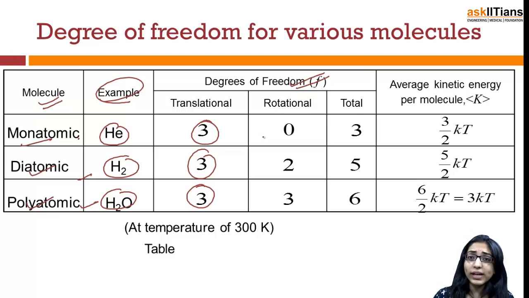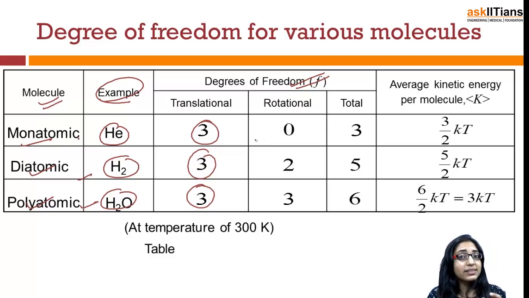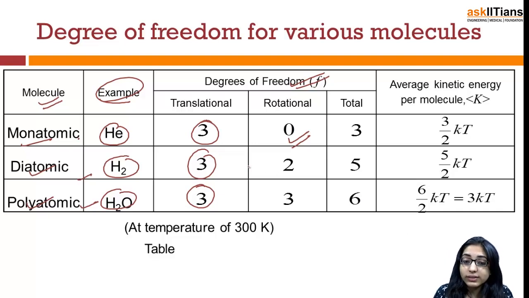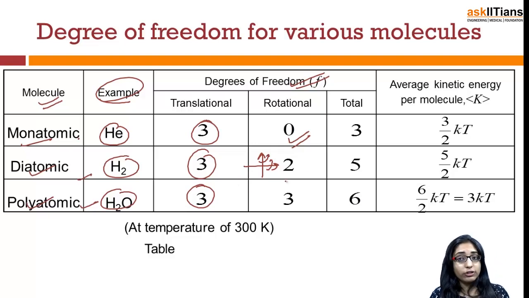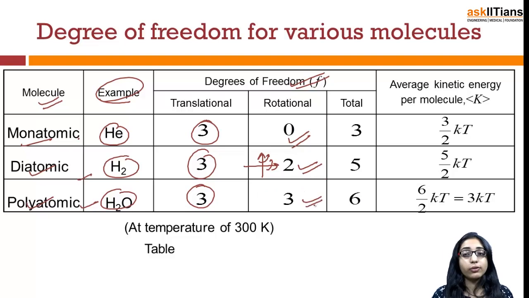So there won't be any rotation of that atom, because for rotation you need an axis with respect to another atom. Since there is no other atom, the rotational degrees of freedom for a monoatomic molecule is 0. For a diatomic molecule, there will be 2 perpendicular axes about which the rotation is possible, so the number of rotational degrees of freedom is 2. And the polyatomic molecule will have 3 rotational degrees of freedom.